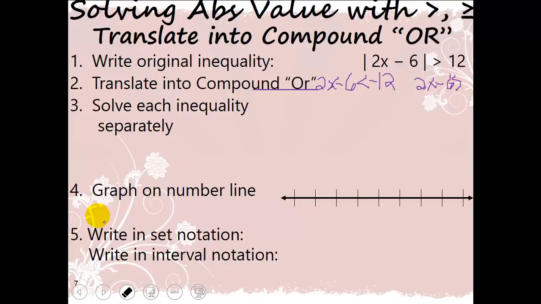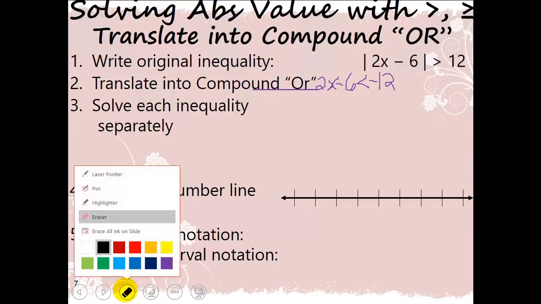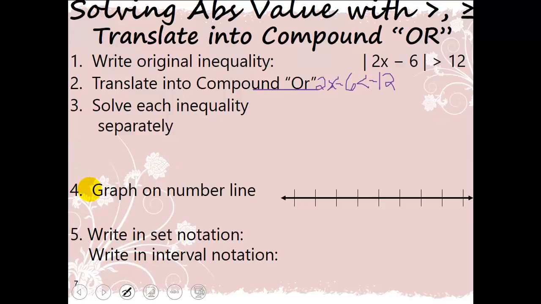I'm just having a hard time writing. Let's do it like this: 2x minus 6 is less than negative 12, or 2x minus 6 is greater than 12. And we're going to solve both of those separately.